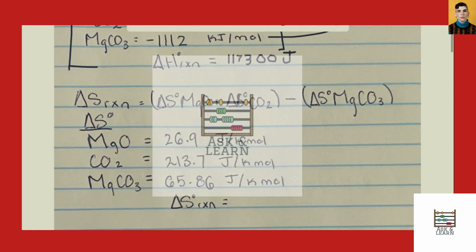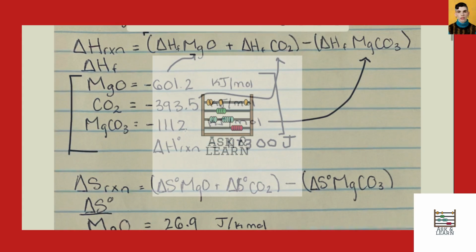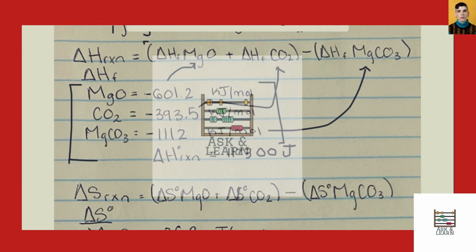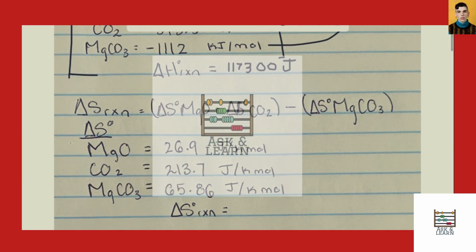We're going to move on to the delta S of reaction and do the exact same thing, although now we're going to use standard entropy values. Again, we have products minus reactants, and here are the values you're going to need. The standard entropies you can look up online; Google has a bunch of charts. Again, pause the video and do that calculation.